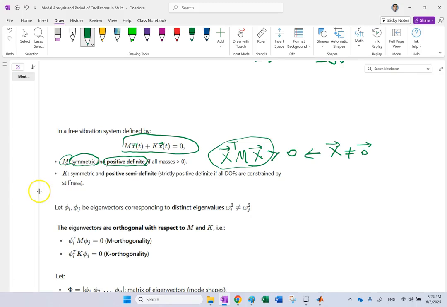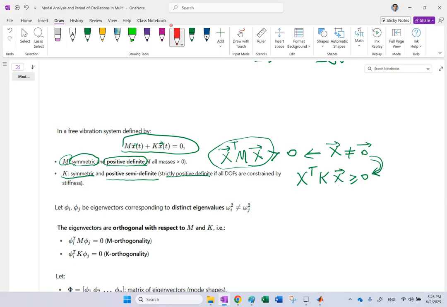What about K? K is also always symmetric and in general positive semi-definite. Under some specific condition, it could be strictly positive definite. So for K in general, x transpose times K times x is bigger than or equal to 0 for a non-zero x. That is the condition. And under what condition does this equality go away and it becomes positive like M?